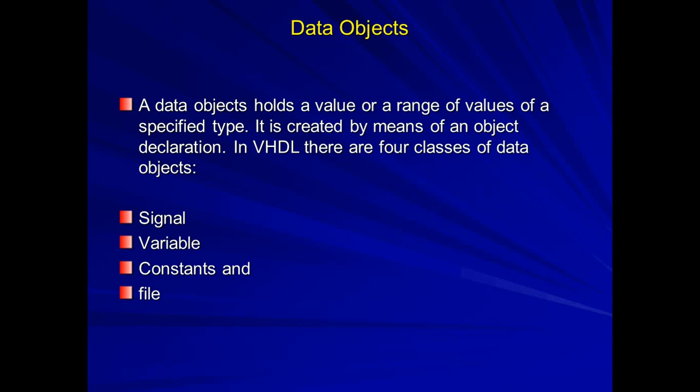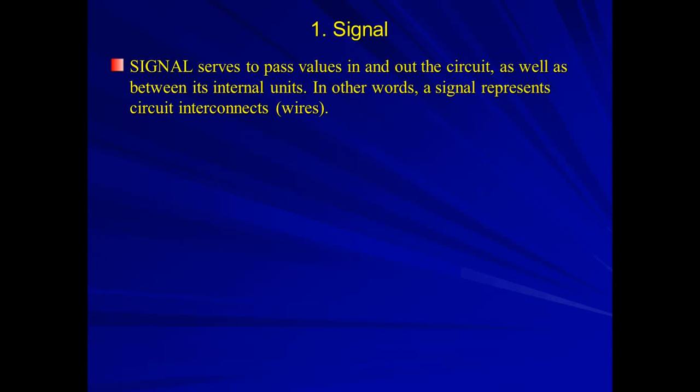Now let's see the four classes of data objects. The first class is signal, second variable, third constants, fourth file. A signal serves to pass values in and out of the circuit as well as between internal units.